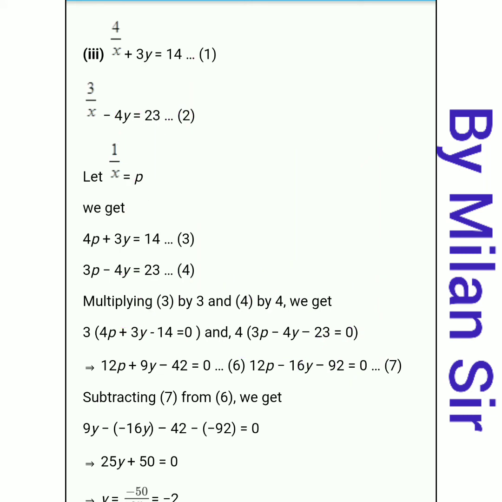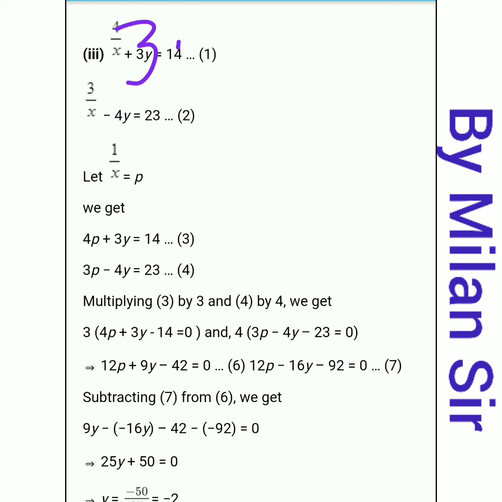So our two equations are ready. Right, 4p plus 3y is equal to 14 and 3p minus 4y is equal to 23. Now we can use any method, right? But right now I am going with a substitution method, and for that I select equation number 4.